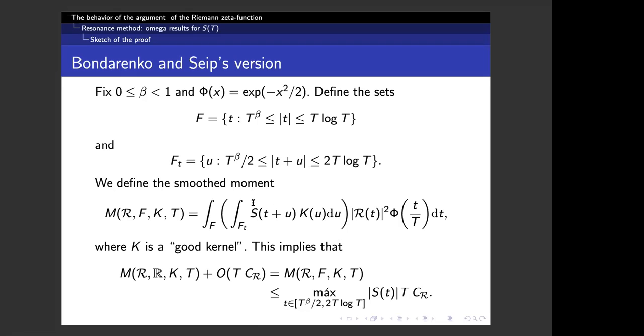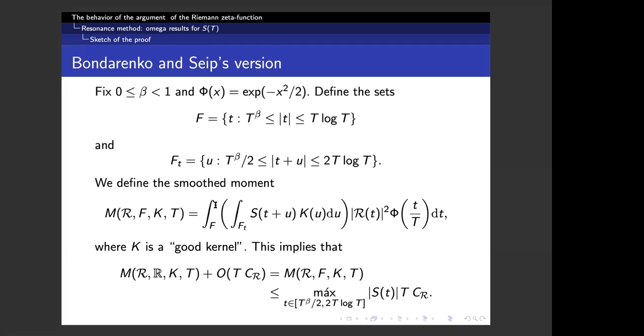So you just need to obtain an upper bound in this form, because in this set t plus u lie in this interval, so you can take the maximum of S here in this interval, and the kernel is so good that you don't have a problem with this part.